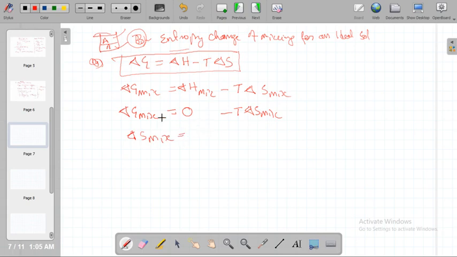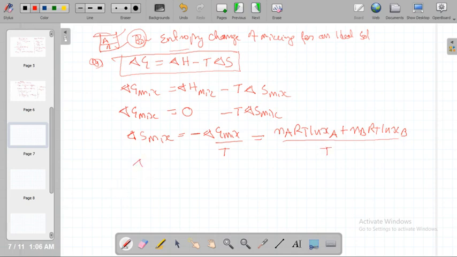entropy of mixing equals minus delta G mixing, and T goes downside. But since you know that this Gibbs free energy of mixing equals N_A RT ln X_A plus N_B RT ln X_B, therefore this divided by T you will keep.